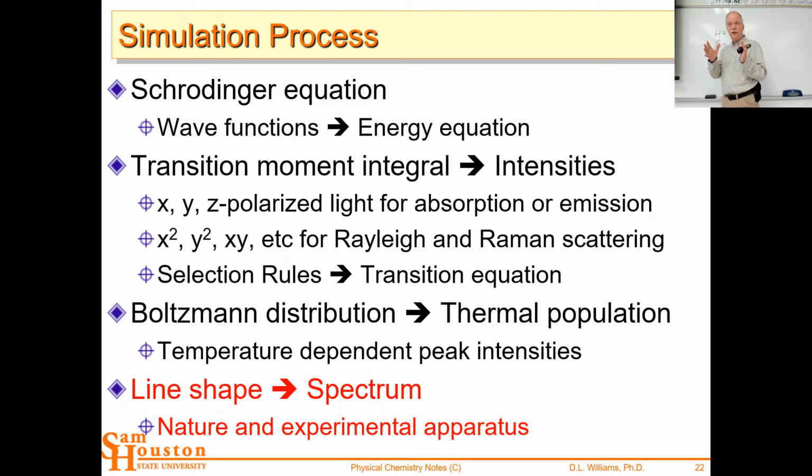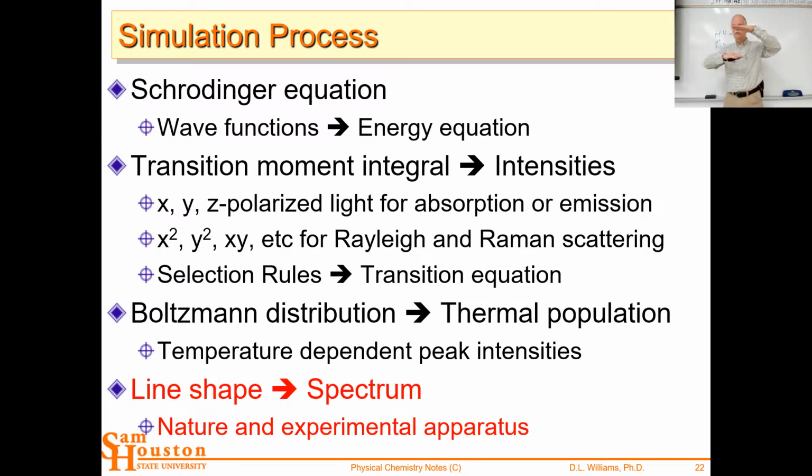If you've got a gas phase spectrum and some of the molecules are coming towards your source and others are going away from your source, you're going to have red and blue shifts of the frequencies. And so even if you sent a pure frequency at that molecule, if the molecule's moving, you're going to have velocity changes. You'll have the Doppler effect, and the Doppler effect is a Gaussian line shape. So even if you had a pure single frequency laser, you'd still have Doppler broadening due to the motion of the molecules. You might have collisional broadening.